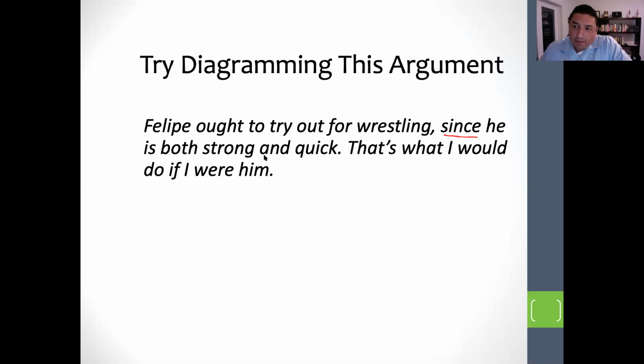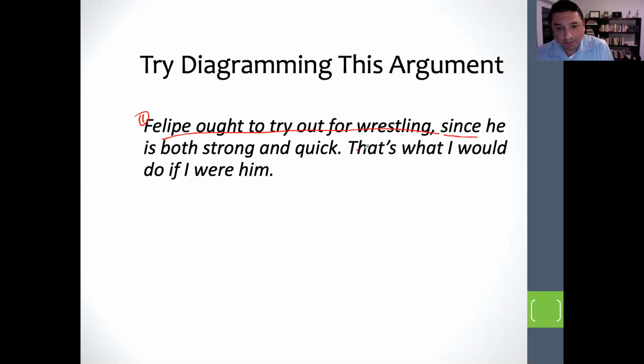But, strictly speaking, if you keep this statement, he is both strong and quick, together as one, you could take it together as one, or you could separate it out: he is strong and he is quick. Strictly speaking, it wouldn't be incorrect. But given the way this is structured, I'm going to just leave it as one. And let's see, so we have one statement here, and this is actually the conclusion.